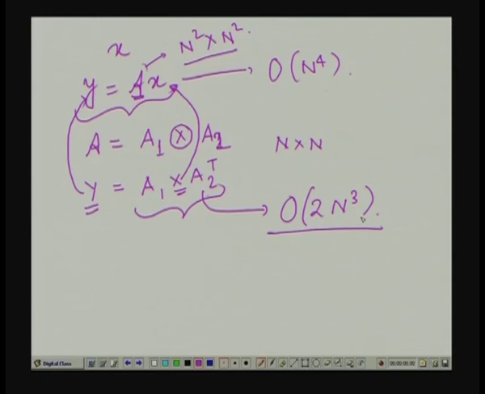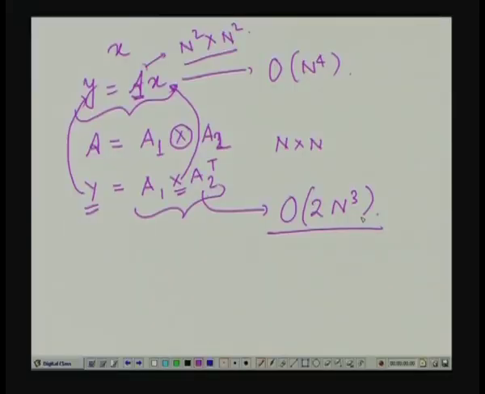So, this again says that if a transformation matrix is represented as Kronecker product of two smaller matrices, then we can reduce the amount of computation. Obviously, if both A1 and A2 can be further represented as Kronecker product of other unitary matrices, then it is possible that we can reduce the computation time further.